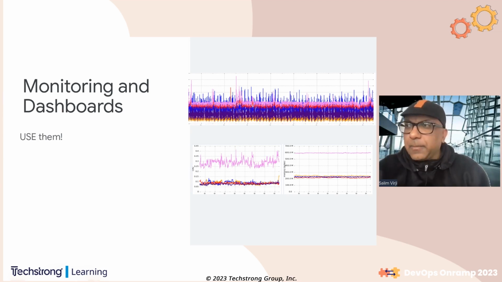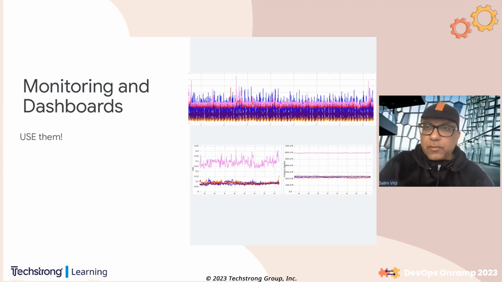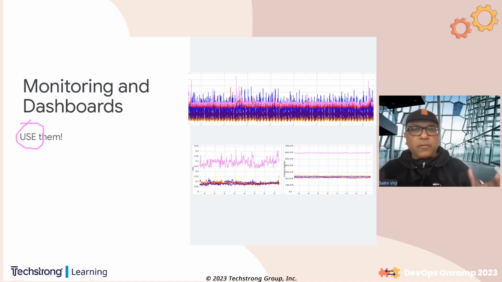And this is a kind of graph known as a USE graph, USE, all in caps. And I tried to be clever about that by putting it here on the slide. What this represents is utilization, saturation, and errors. And it gives you insight into the hardware resources used by the system.